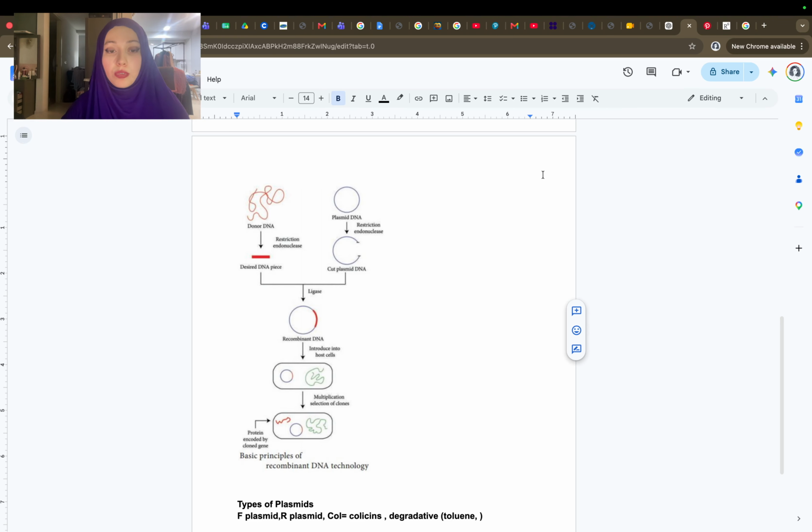Then we form a recombinant plasmid, and then we transform it into bacteria, and then we select using antibiotic resistance. Then bacteria multiply. Then they make insulin, and then scientists purify the insulin and use it in medicine.